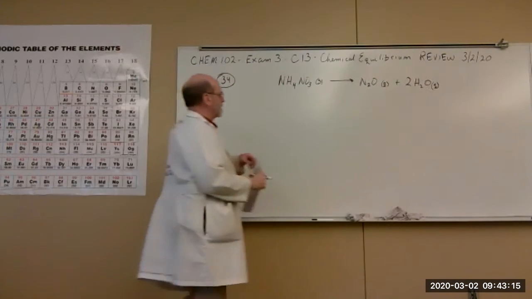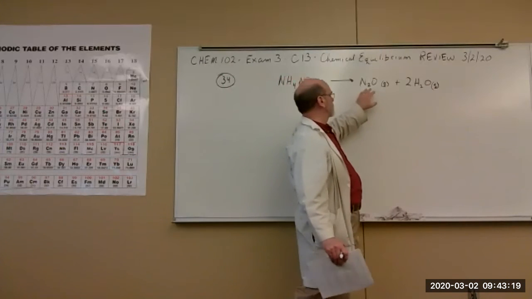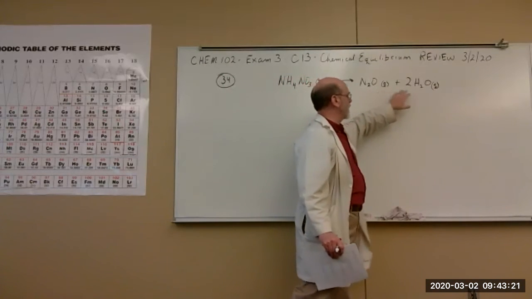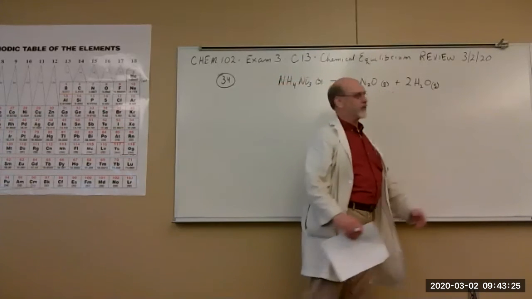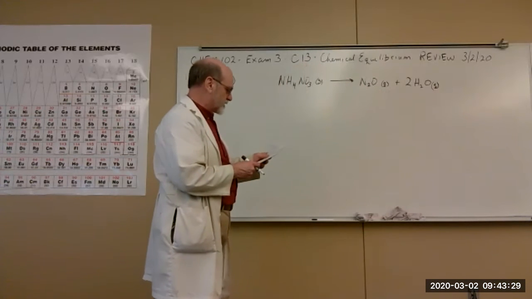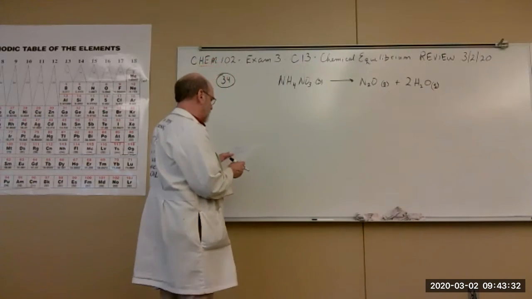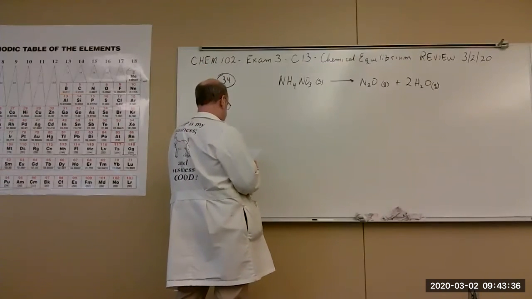This is simply ammonium nitrate explosively decomposing into dinitrogen oxide, laughing gas, and water vapor. So at equilibrium, the total pressure in the container was found to be 2.63 atmospheres at a temperature of 500. Calculate Kp.